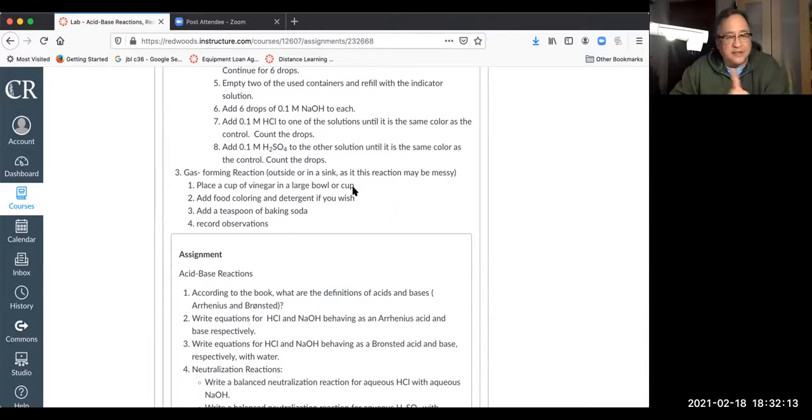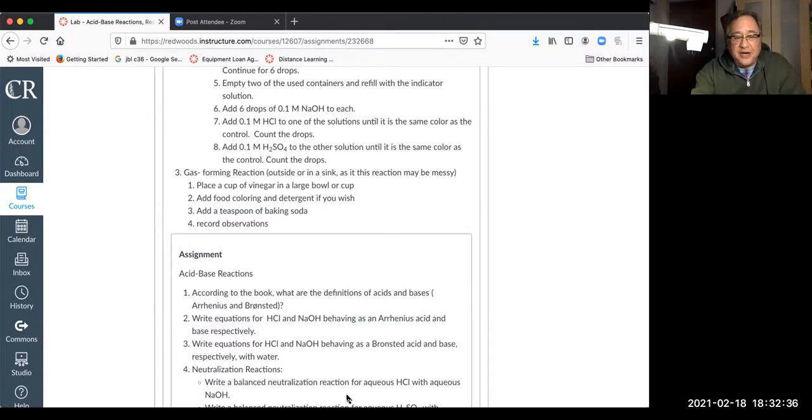Actually, you know that in your box of stuff, you have what's called an Erlenmeyer flask. Let me show it to you. So this is like Christmas.